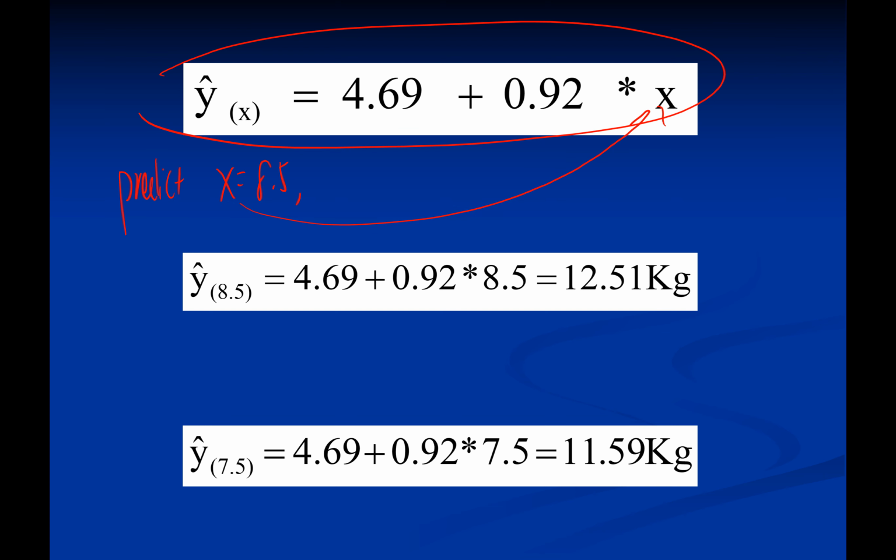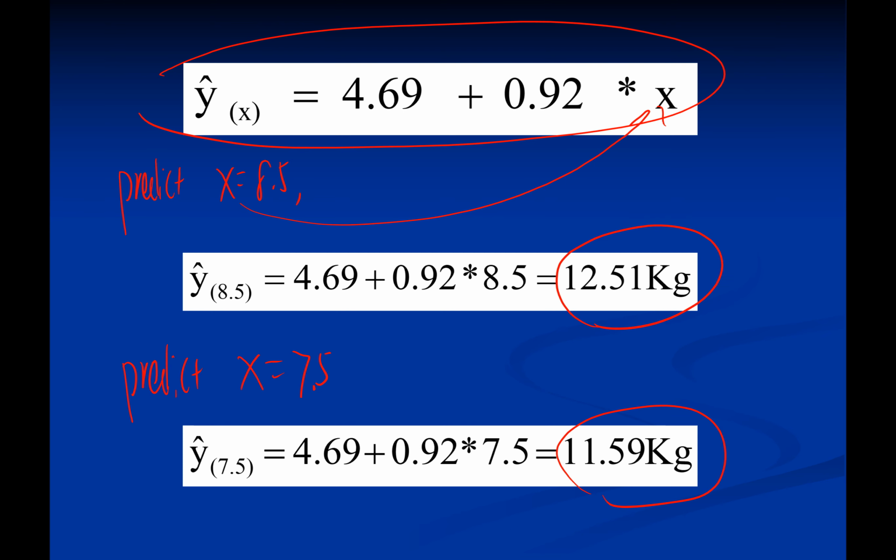So it's 4.69 plus 0.92 times 8.5, which equals 12.51 kilograms. And the second one, predict the weight for age equal to 7.5 years old. Again, plug 7.5 into the regression equation. So we come up with 11.59 kilograms.